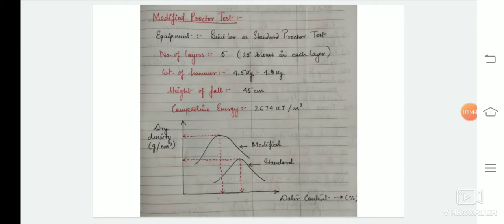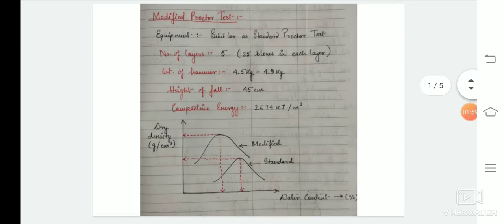The compactive energy in this test is 2674 kilojoule per meter cube. For the same soil, the effect of modified compaction or heavier compaction is to increase the maximum dry density and decrease the optimum water content.